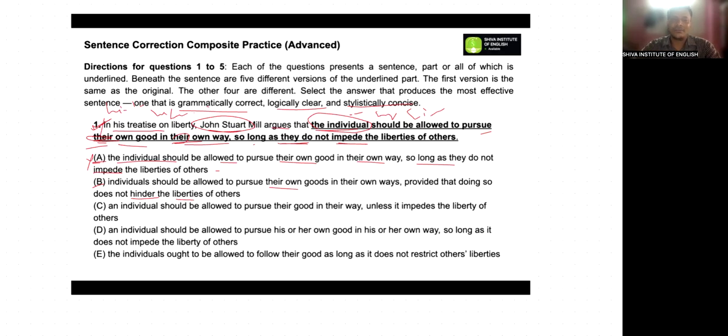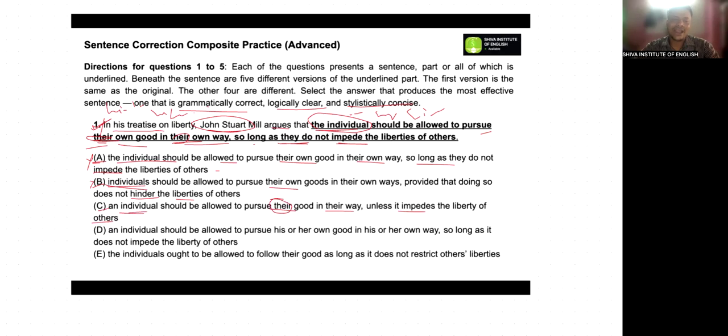Individuals is less personal, so it is wrong to convey the idea. Again, look at option C: an individual should be allowed to pursue their good in their way, unless it impedes the liberty of others. Here also we find the word their, which does not fit with an individual, right?